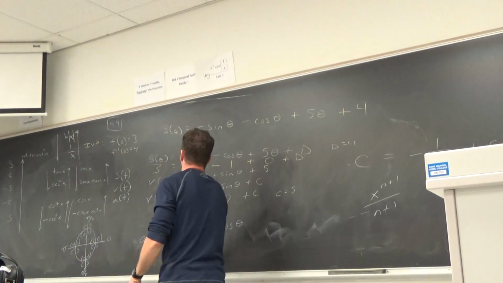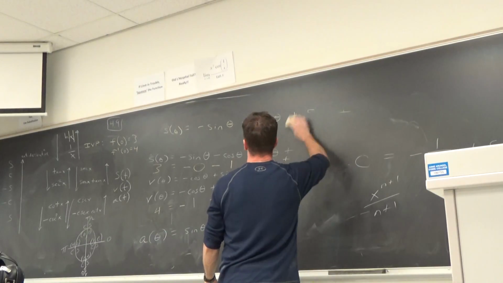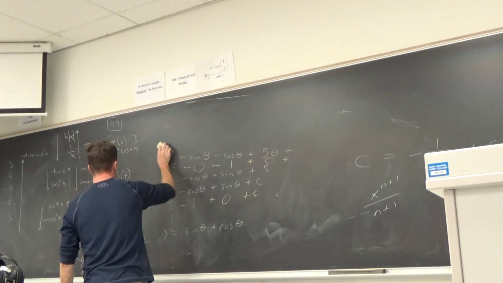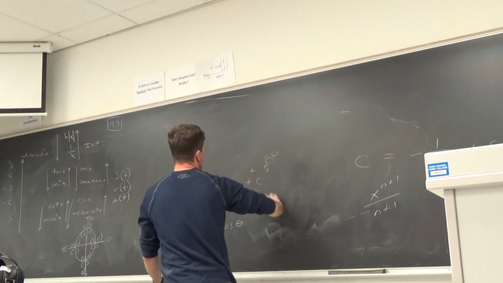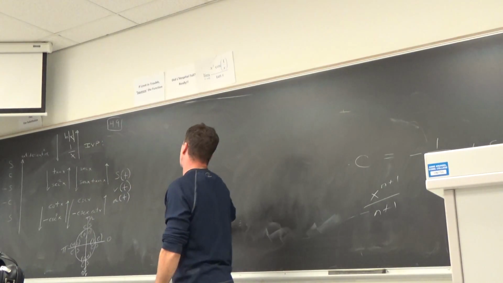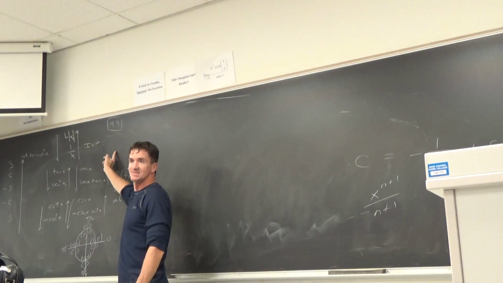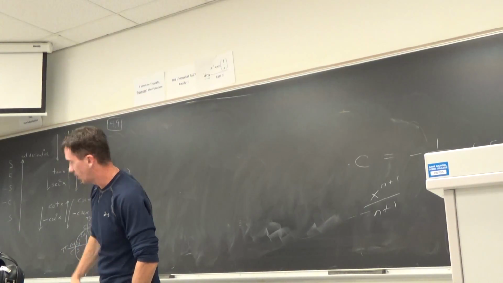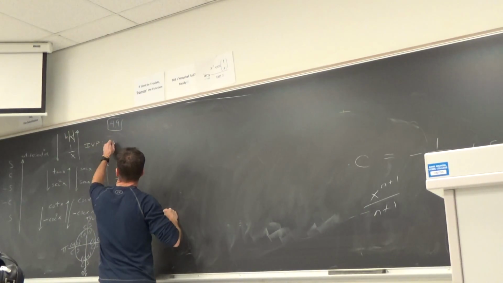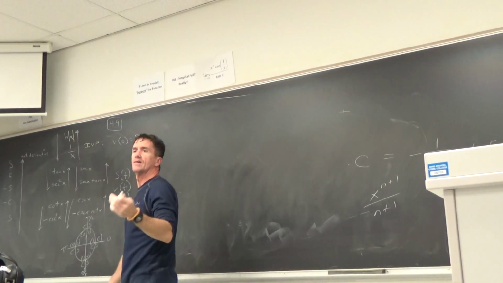Alright, try this guy. Sometimes they don't even write IVP, they don't even say initial value problem, but they will just give you numbers. They'll just write something down like that. B of 0 equals 5.